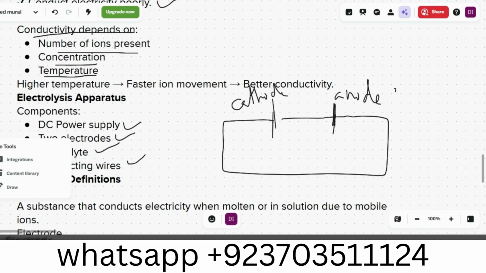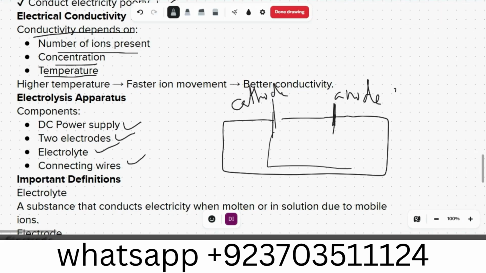There is a connecting wire and a DC power supply. So these are the things. Positive ions will move towards the cathode and negative ions will move towards the anode.